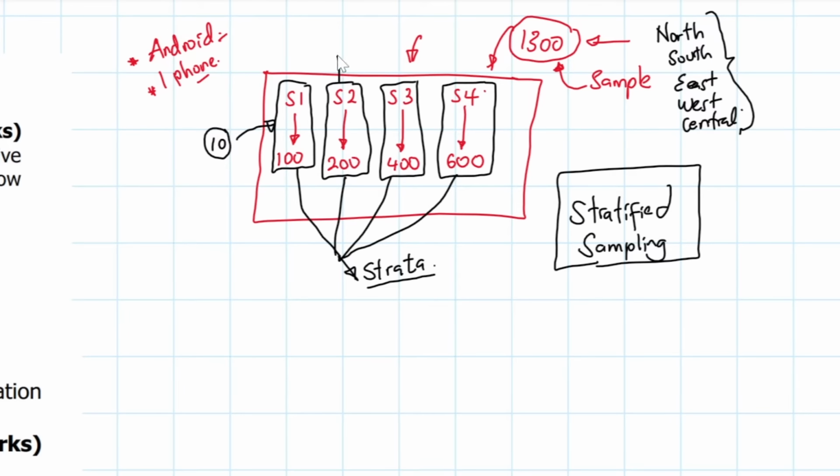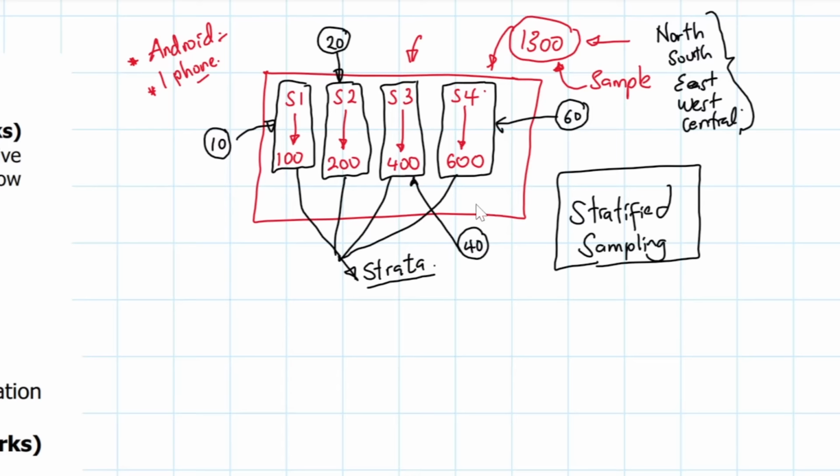Senior 2, they are 200, so we shall pick 20 students. Senior 3, they are 400 students, so we shall pick 40. Senior 4, they are 600, so we shall pick 60 students. Do you realize that in each strata, I just picked 10% of the population of that strata?